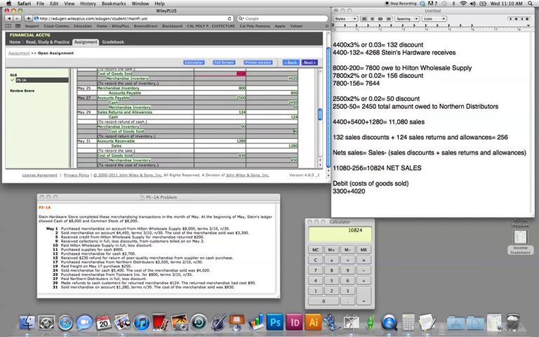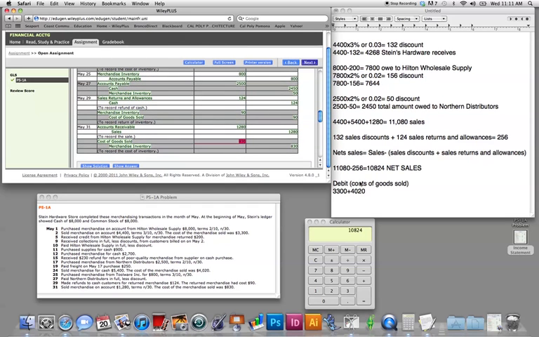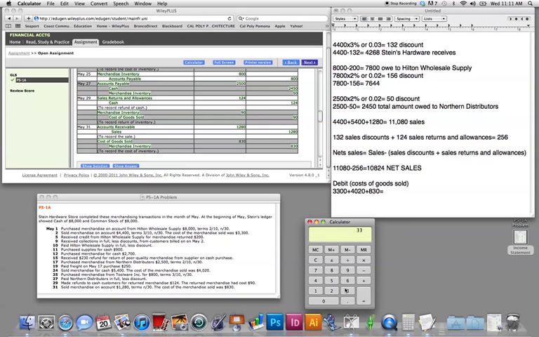And we'll skip this one for now just because that's a credit and that's not a debit. And then we'll take this debit amount plus $830. So our total debit of cost of goods sold would equal $3,300 plus $4,020. That equals $7,320, and we would add $830 to that. So we would get $8,150 of debit for cost of goods sold.